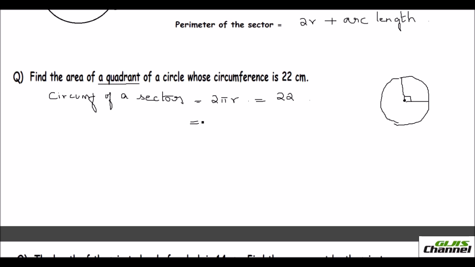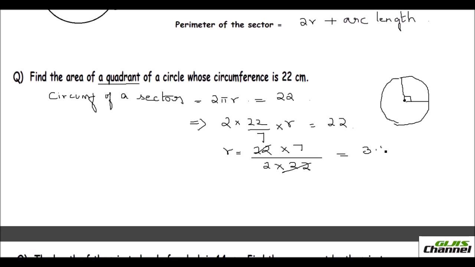That implies, your r would be equal to 22 over 2 pi, with pi as 22 over 7 on your right side. You bring the numerator to the denominator when it comes to this side of the equal sign, and this denominator 7 would go up. So this is cancelled. So my r is 3.5. Okay.